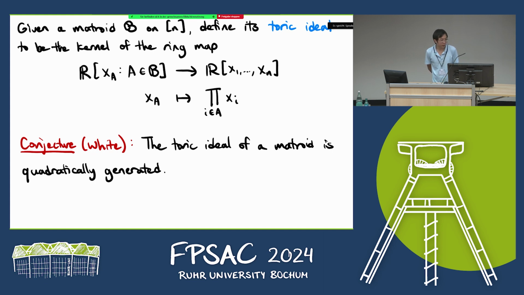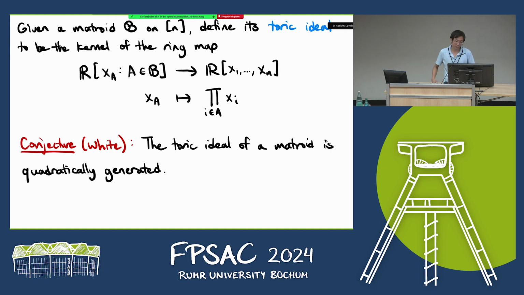I take the polynomial ring, where the field doesn't matter, where the variables are indexed by bases of the matroid. And I send that to the polynomial ring where the variables are indexed by the elements of the ground set. This map just sends a basis to the product of its elements.